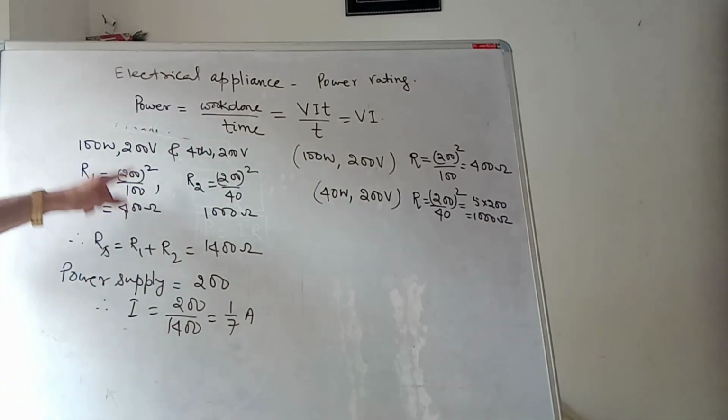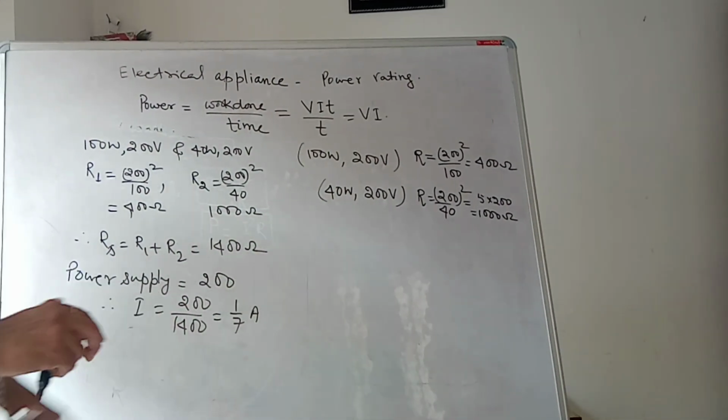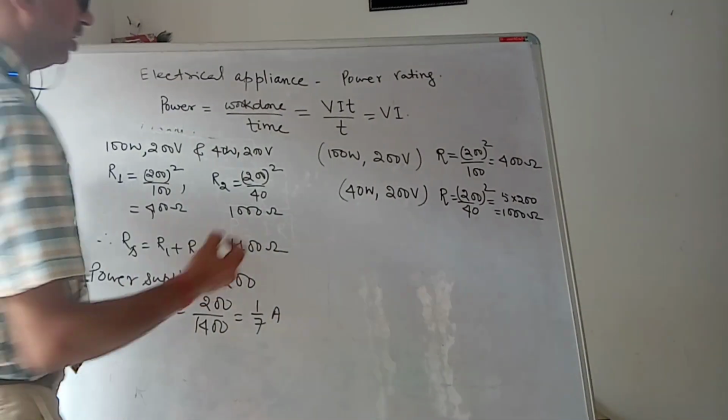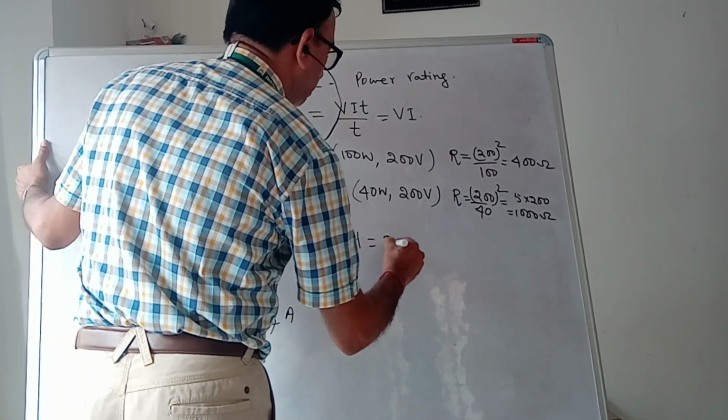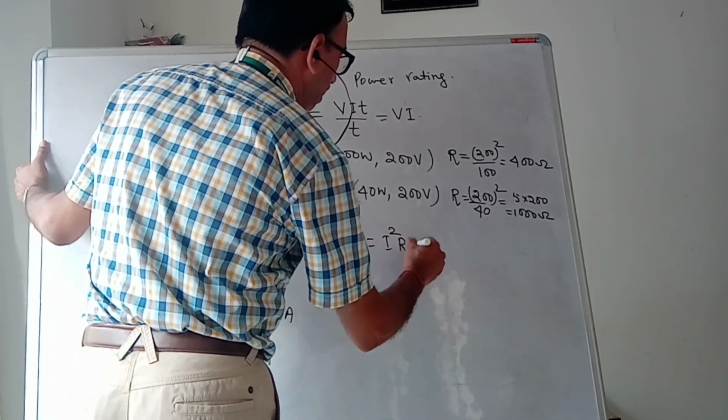Now since they are connected in series, how will we calculate which bulb glows brighter? Heat generated is I square RT.